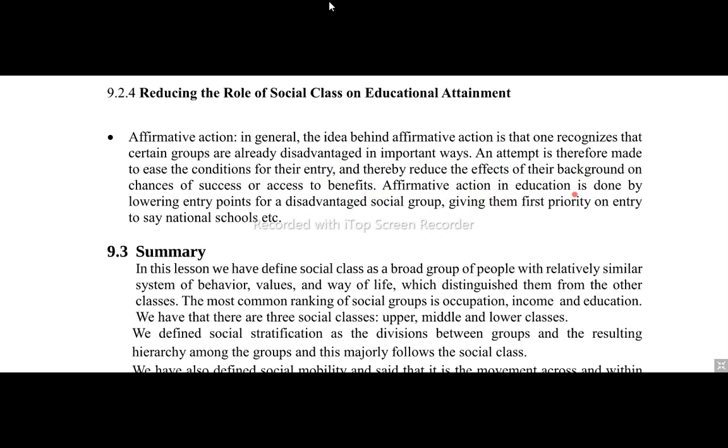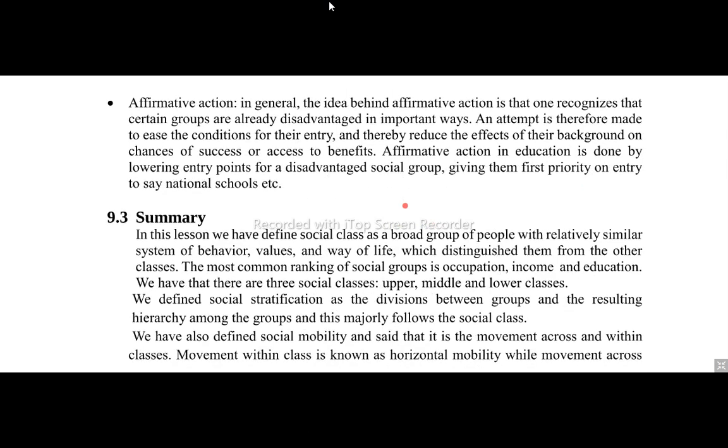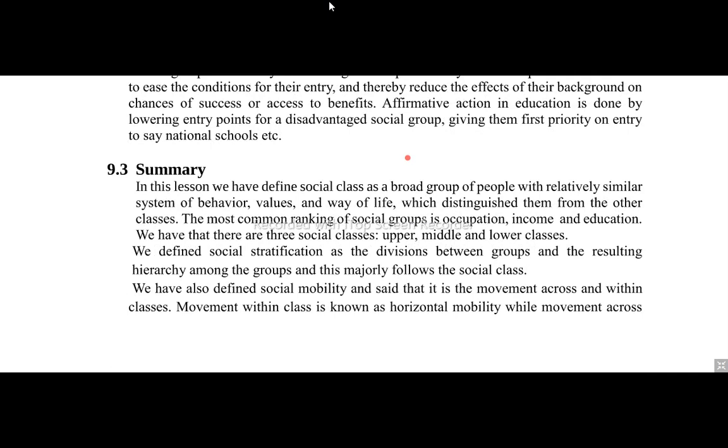Affirmative action in education is done by lowering entry point for disadvantaged social group, giving them first priority on entry to national schools. For example, affirmative action. You have heard of, especially semi-arid and arid areas, where schools don't perform well.